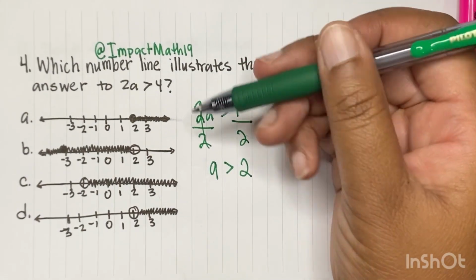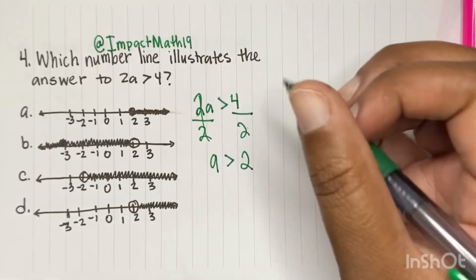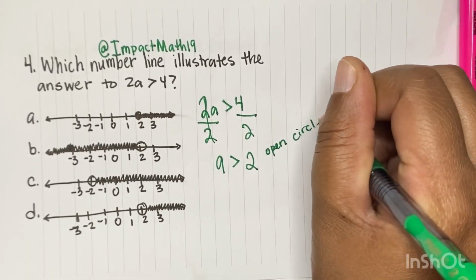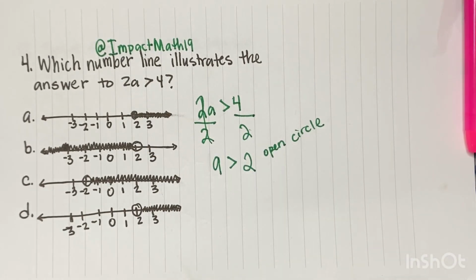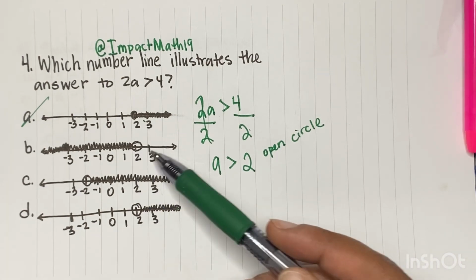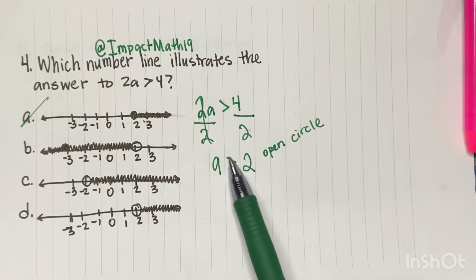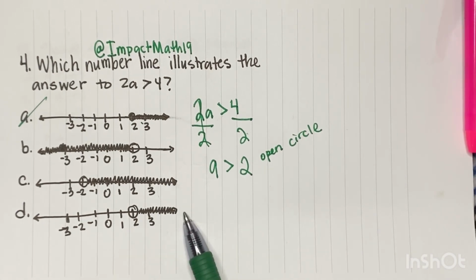So now, whenever you just have a greater than or less than sign, it's an open circle, okay? It's a closed circle if it had the line underneath the inequality. That means equal. So we know A is out because it's a closed circle. Now we're looking for either B or D because we got 2 here. Now you just look at which way the arrow is pointing. The arrow is pointing to the right, so it has to shade to the right.